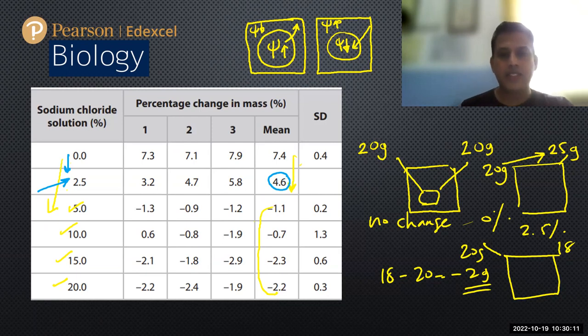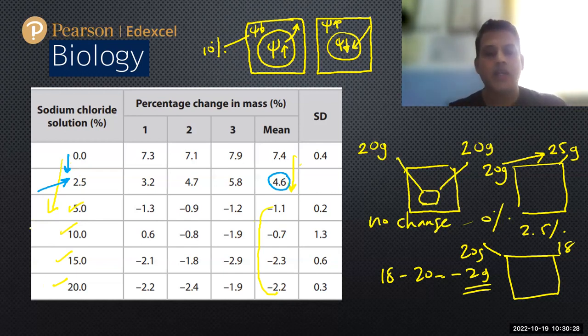If we take a high concentration, like 10%, the solute concentration is very high and the water is less. So water is always going out. So for 5, 10, 15, and 20, we can justify that water moves out by osmosis because water potential is high inside the onion and water potential is less in sodium chloride concentrations 5 to 20.